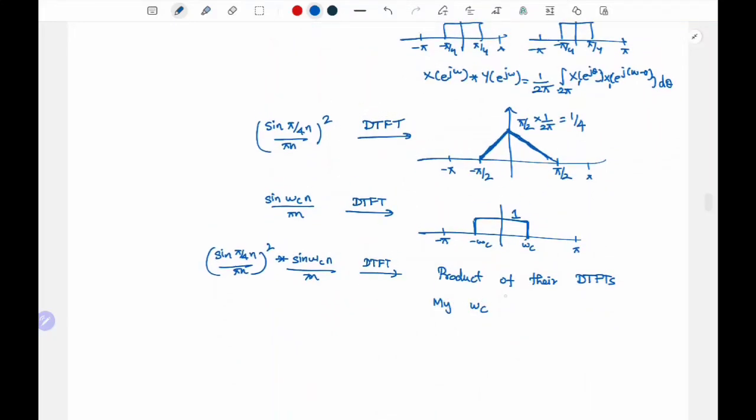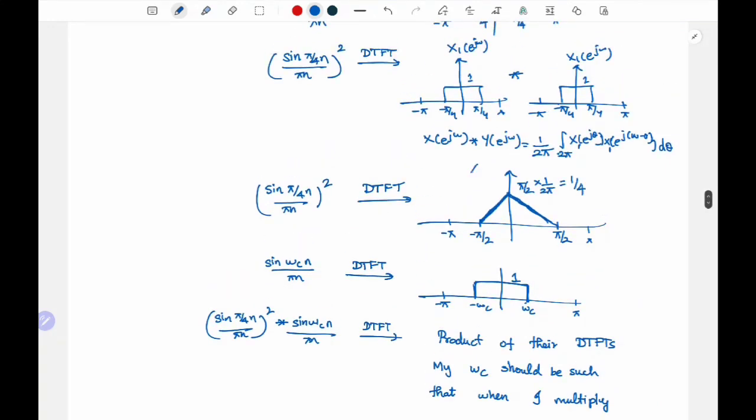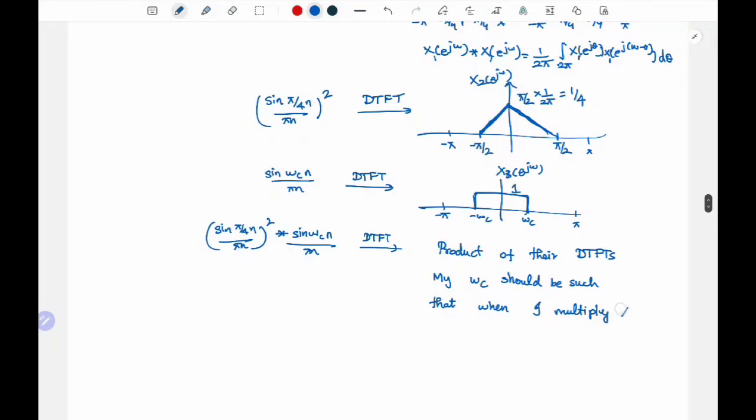So I want my omega c to be such that when I multiply, let me call them X2 of e power j omega and X3 of e power j omega, I should get X2 of e power j omega.